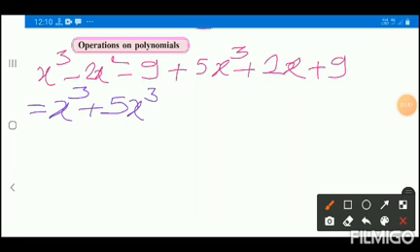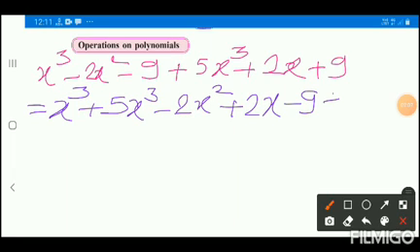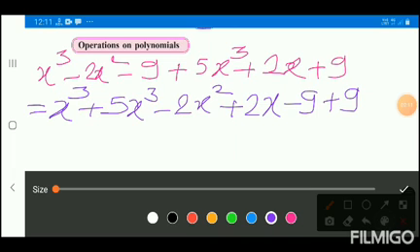After that you can see there is only one term of x square, that's negative 2x square, that we will write. Next to that we write 2x, then the constant terms from both polynomials: negative 9 and positive 9.